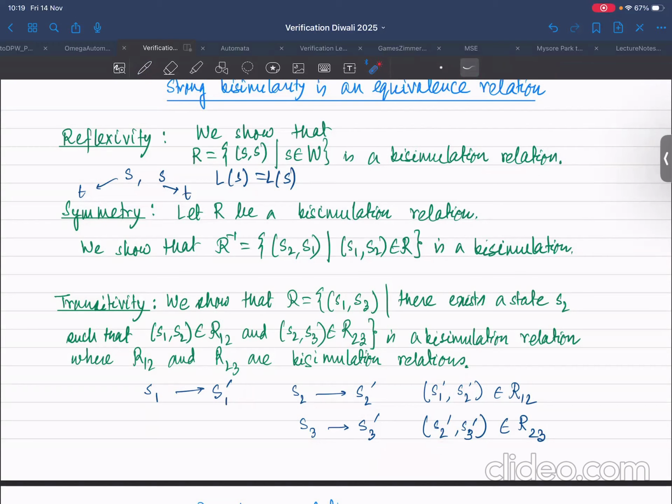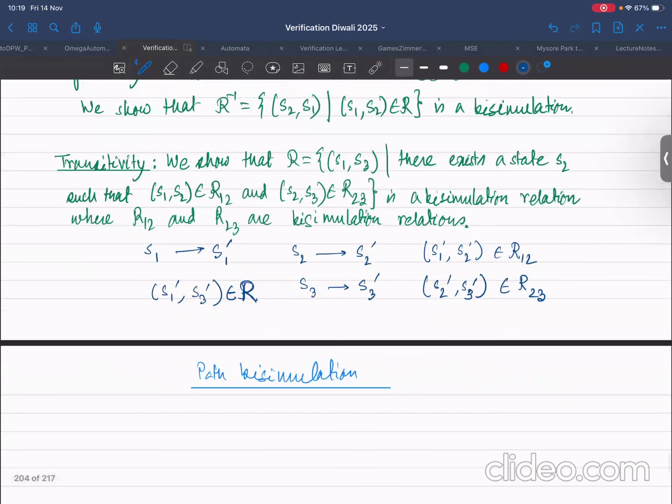And if that is the case, then from these two you get that S1 prime, S3 prime belong to R. So this gives that R is the bisimulation relation. Is it okay?